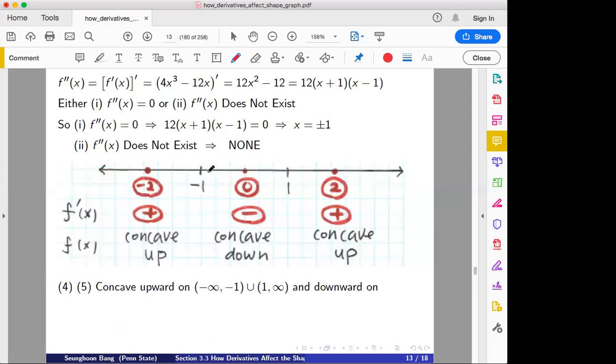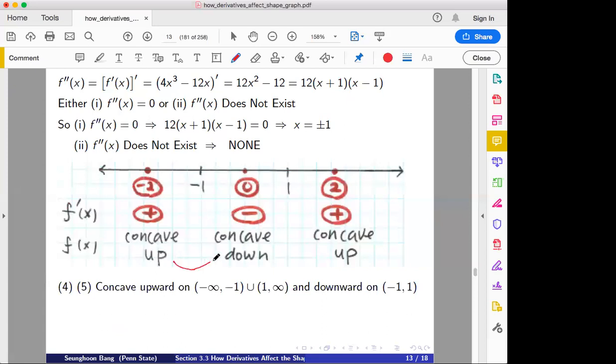Concave downward at the middle one, here, from minus 1 to 1. Do we have inflection points? Yes? Okay. What's the inflection point? Yeah, minus 1 and 1.